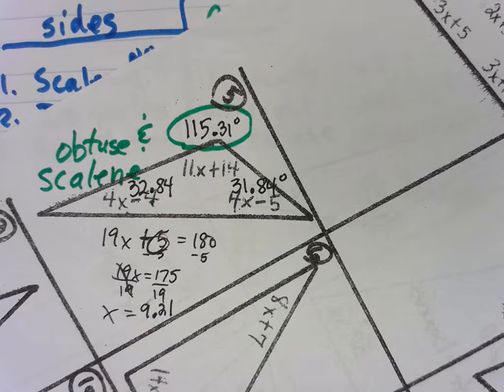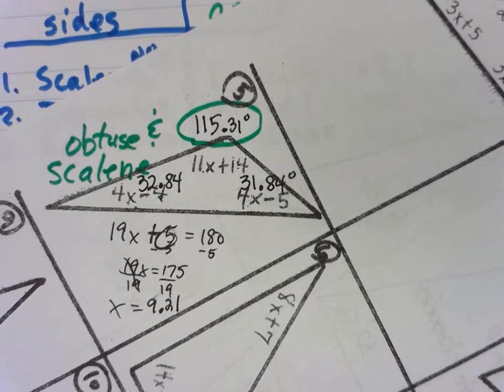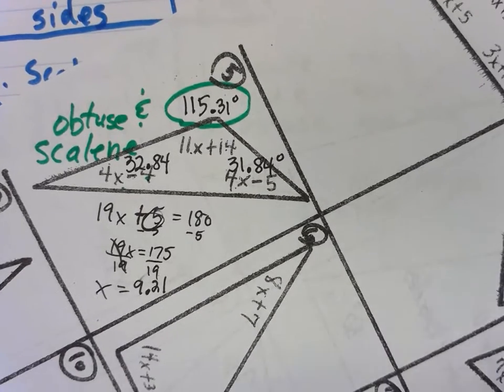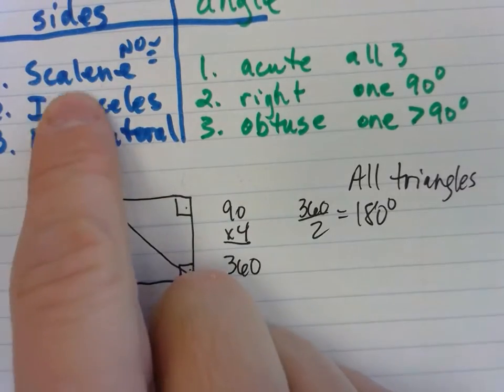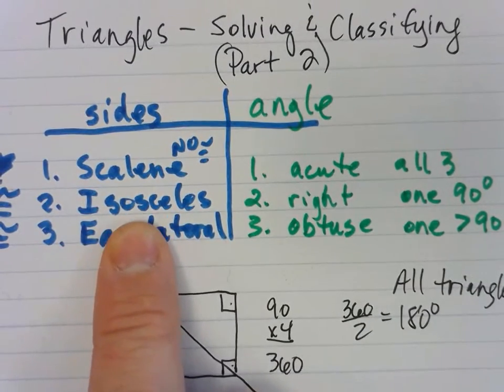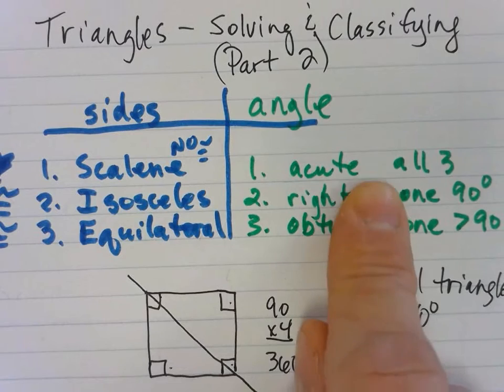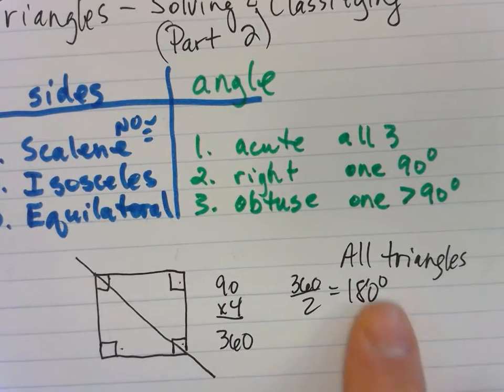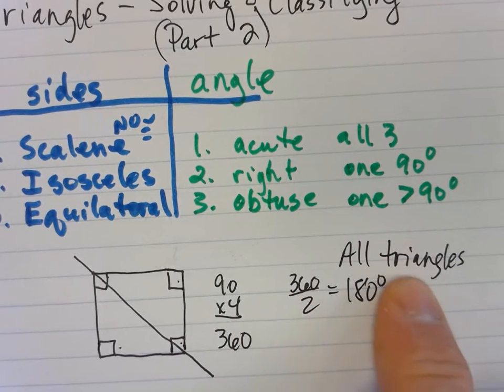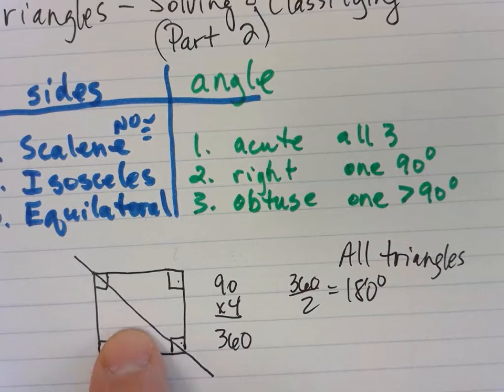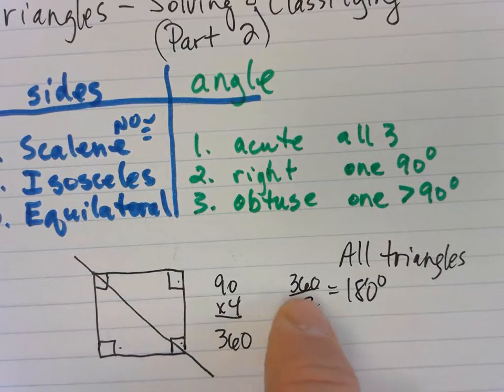All right, so there you go. There's a couple of them that you're going to be doing today. Hey, you have got to pick one choice from the side choices, one choice from the angle choices. Remember that all triangles have a sum of 180 because they are half of a square. 360 divided in half is 180.